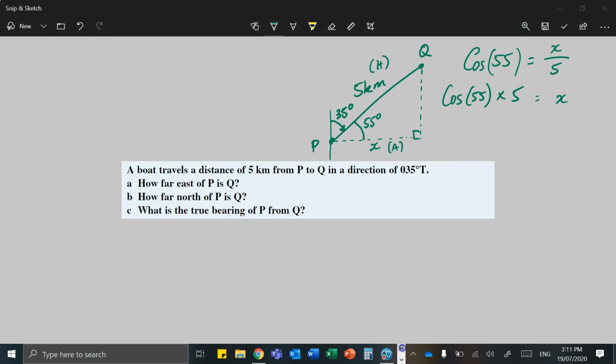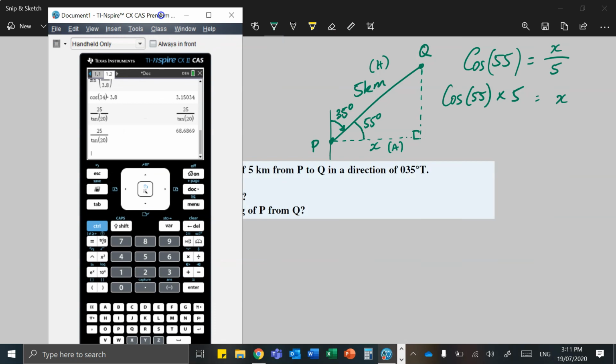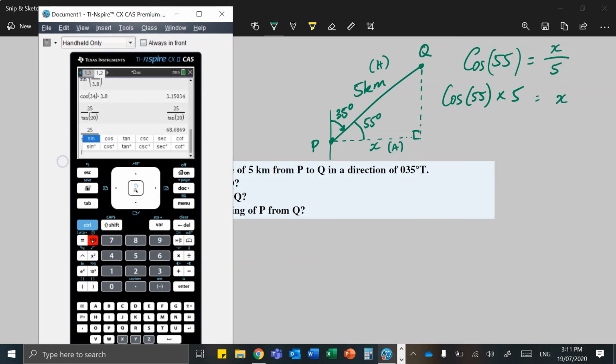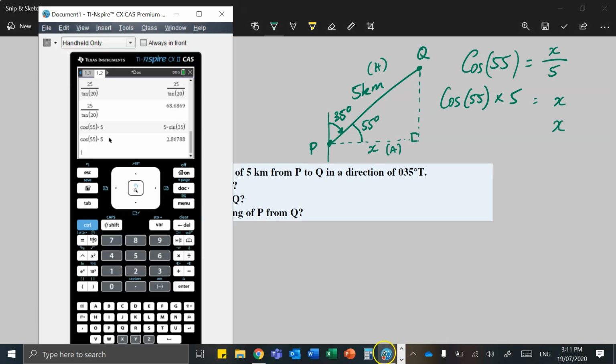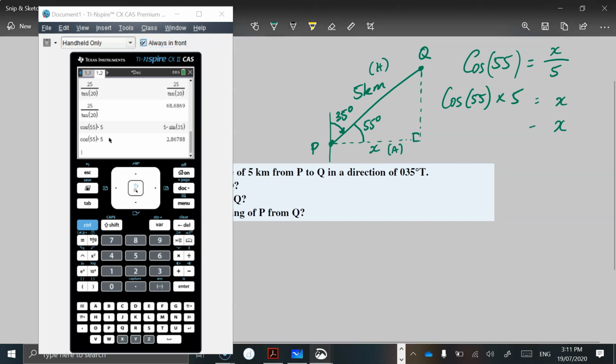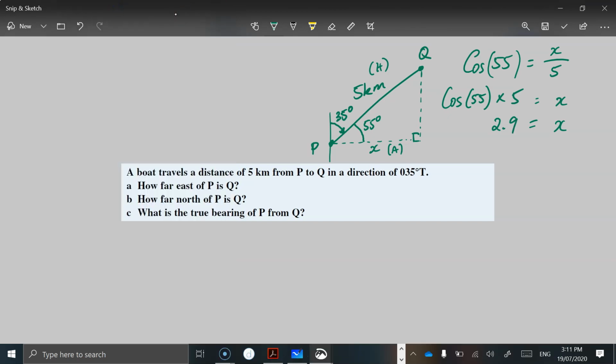Let's put that in the calculator: cosine of 55, close brackets, times 5, and in decimals, x is equal to 2.9. There's our distance, how far east of P is Q.